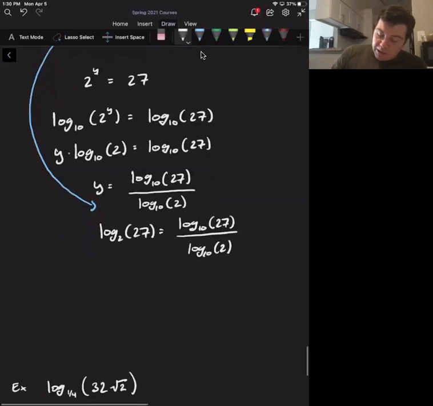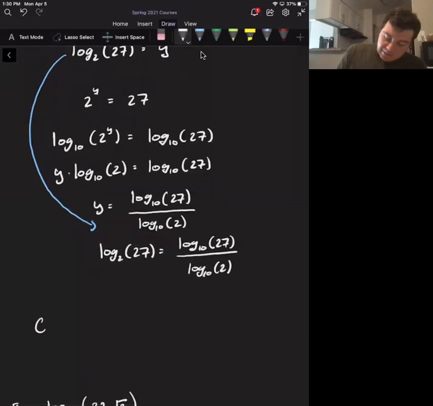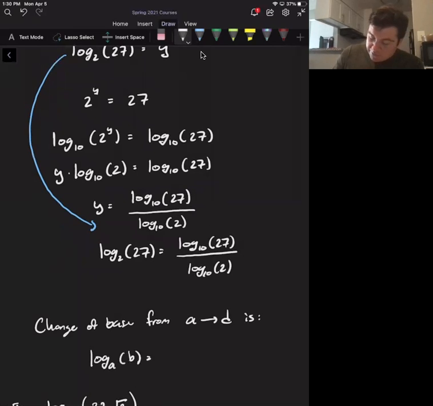So our general formula for change of base. Our change of base from A to D is log A of B equals log D of B divided by log D of A. So a very nice formula.